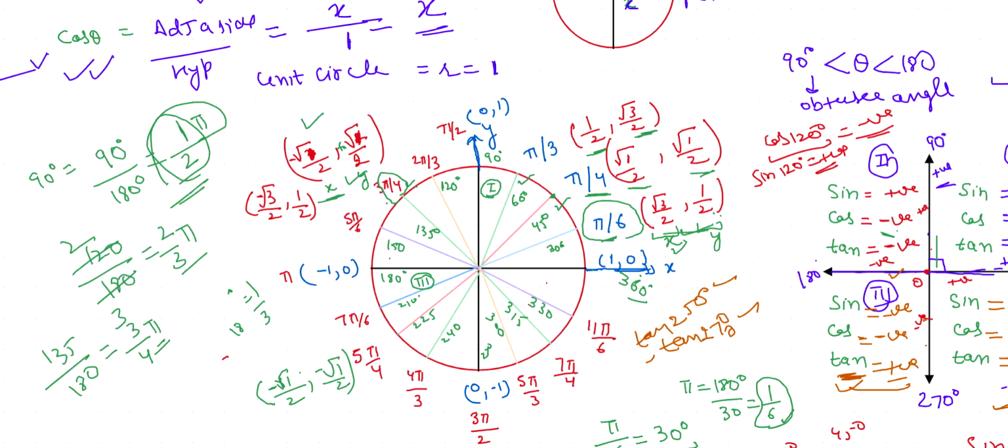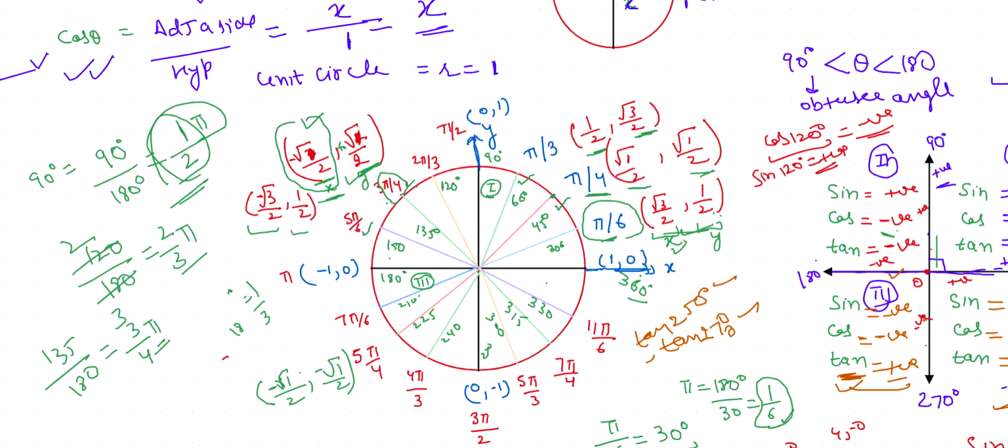Then here you will put the negative sign in front of the cos value and the positive sign in front of the sine theta value. Clear? Now look at this value, 5 pi by 6. Its cos is negative, sine is positive.